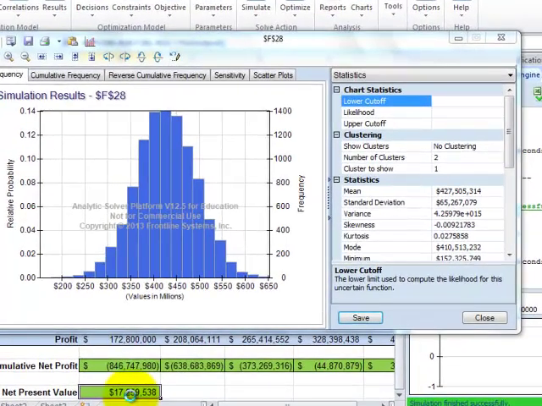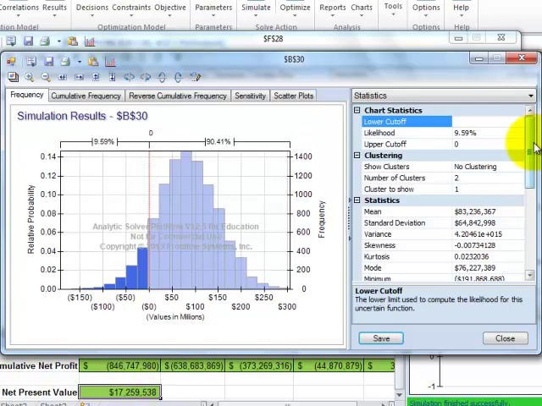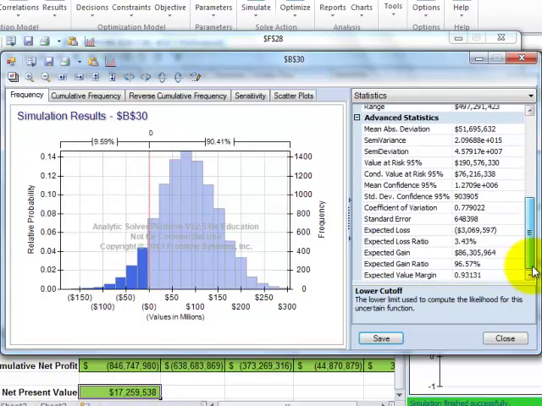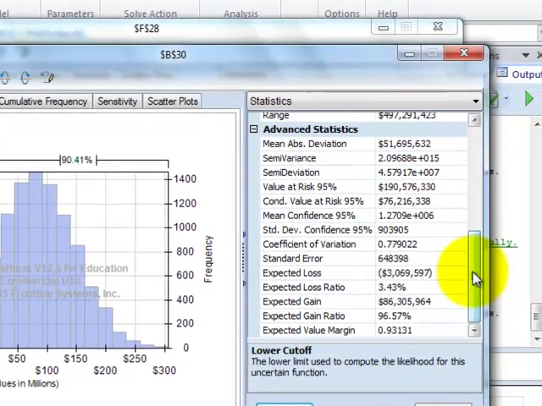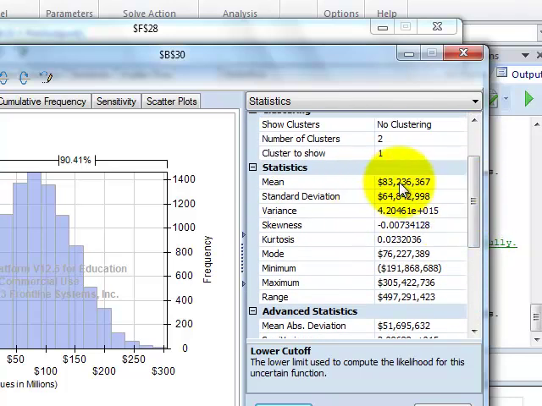We could run our net present value again and look at this, and we could calculate a confidence interval because we've got the standard deviation and we've got the mean.